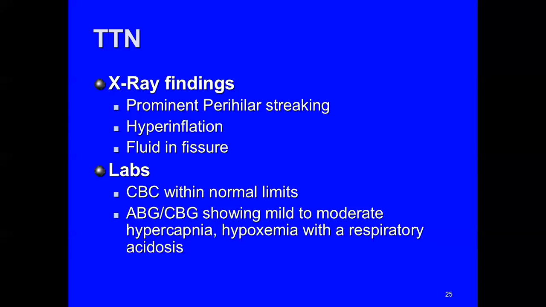In laboratory findings, the CBC, complete blood count, is within normal limits. The ABG and CBG can show mild to moderate hypercapnia and hypoxemia. They can also be associated with respiratory acidosis.